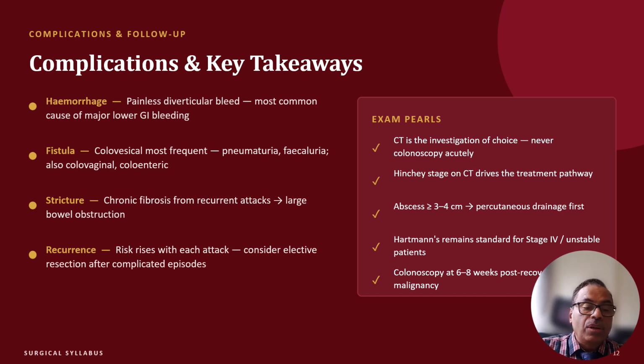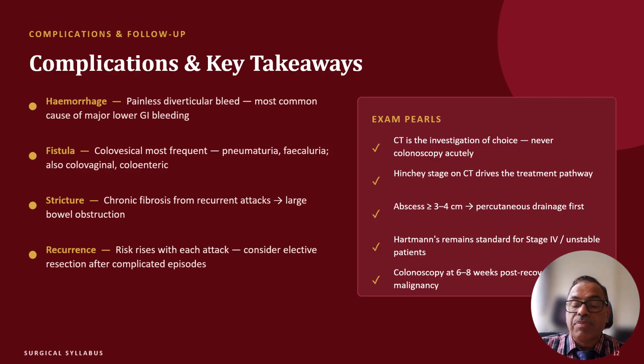Stricture formation or intestinal obstruction because of chronic fibrosis from recurrent attacks can occur, and recurrent risk is always there in diverticulitis. Risk rises with each episode. Consider elective resection after even a single complicated episode of diverticulitis.